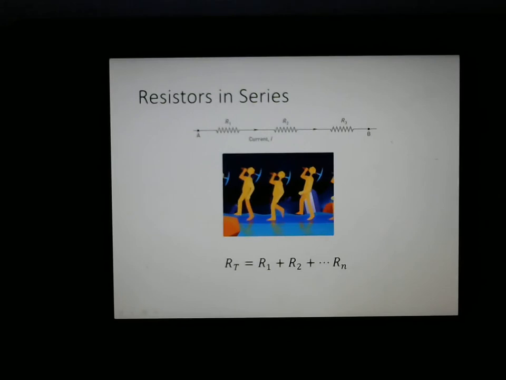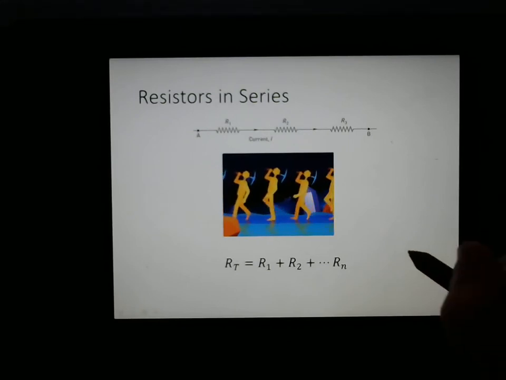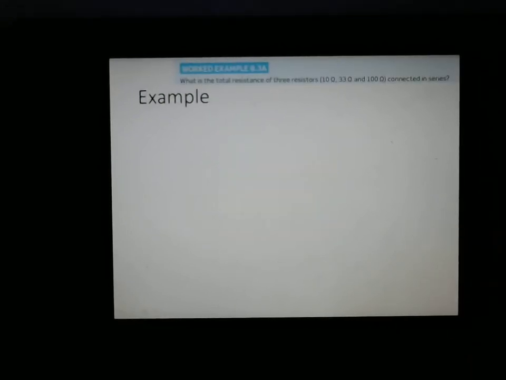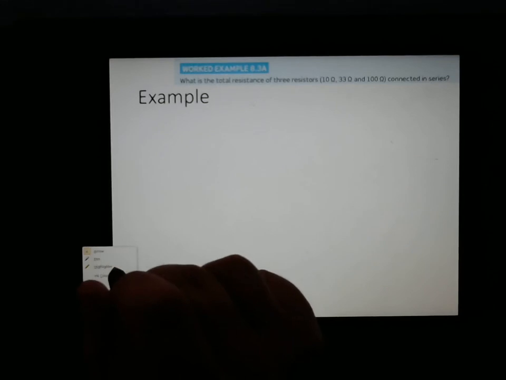Pretty straightforward. Okay. So let's do an example with this. Here we have one. What is the total resistance of 3 resistors, 10 ohms, 33 ohms, and 100 ohms connected in series? Now, you can probably do this in your head faster than I can write this out.